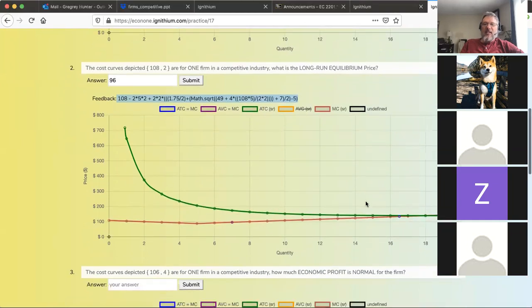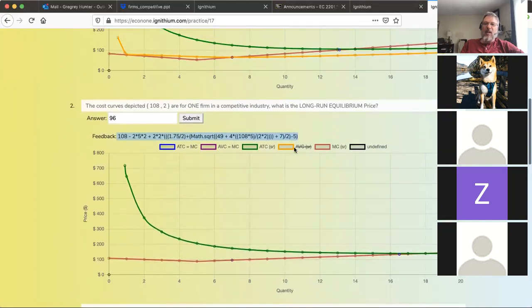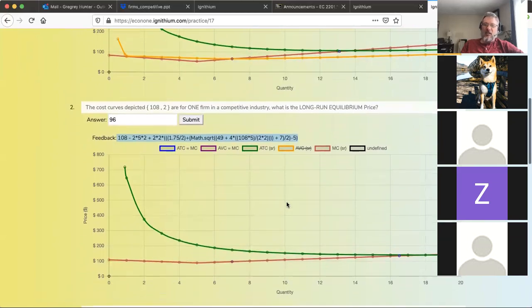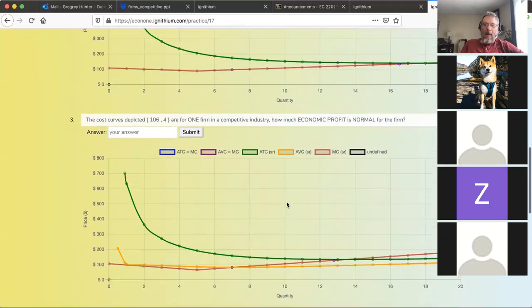So if you guys go ahead and look through these and just bear in mind, right? So it seems like the assumption here that they're making is that this is going to become the long run average total cost curve, and that's fine, as long as they're consistent. You guys understand what's going on.